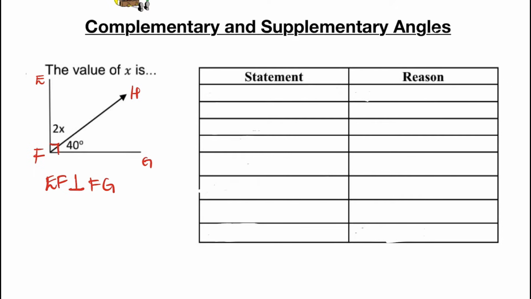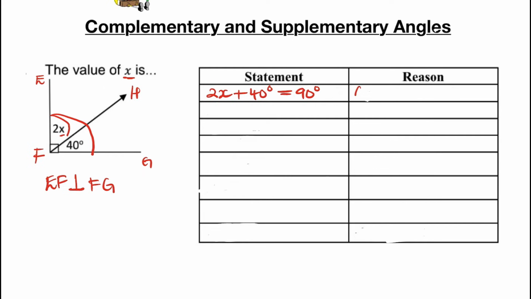So we are looking for the value of x. Now what are we going to use there? We're going to use the complementary angle. We will say 2x plus 40 degrees equal to 90. We're adding the two angles, and they're equal to 90 because we were given the box there equal to 90.